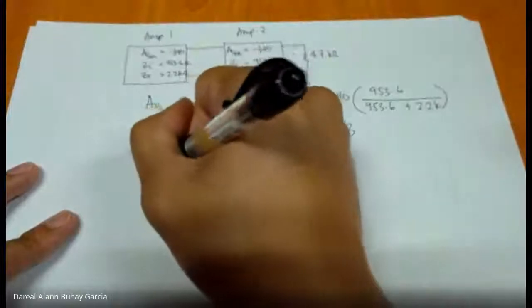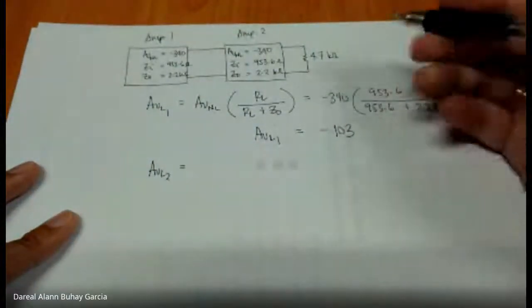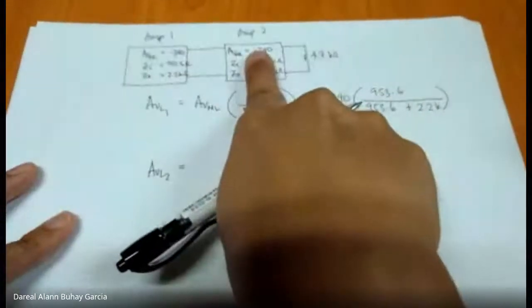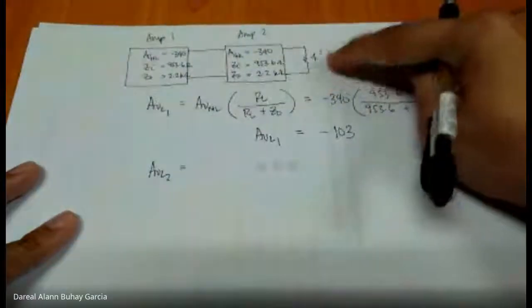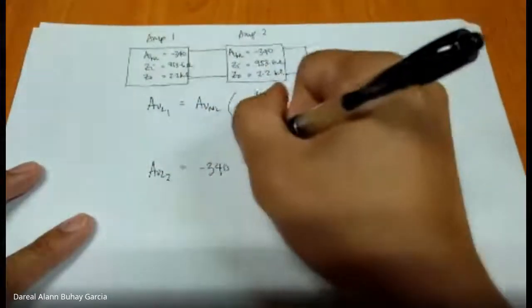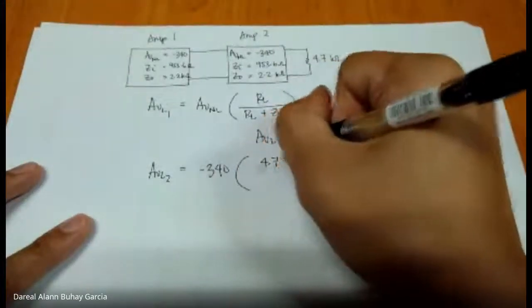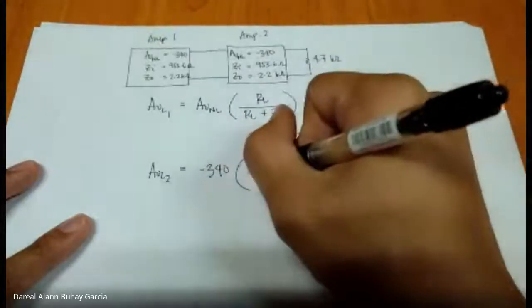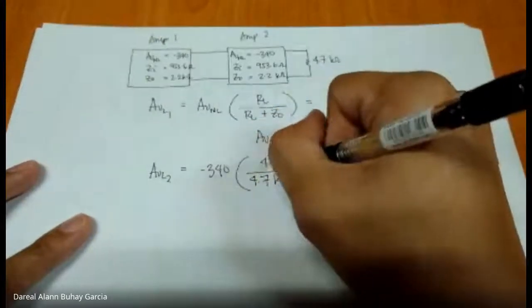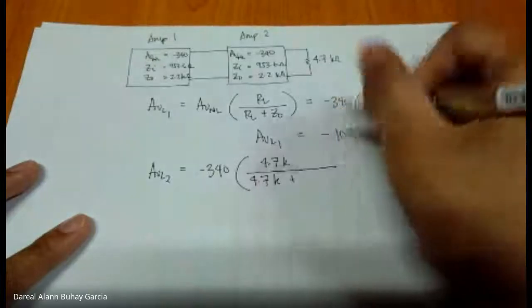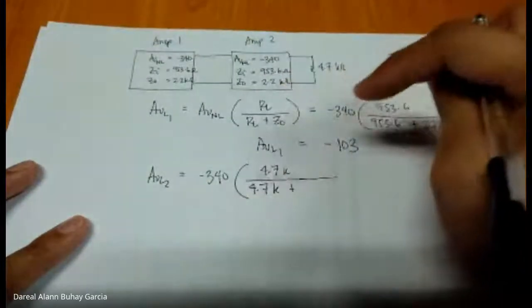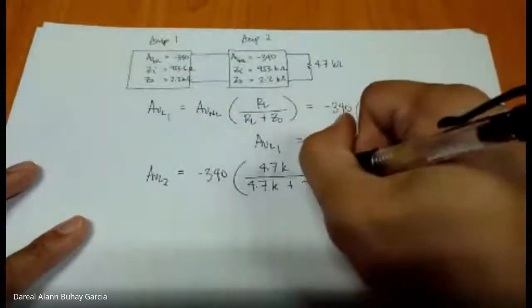So, si AVL2, same formula, but different na si RL. Of course, ang RL ni amplifier 2 is ang actual nga load naman si 4.7K. So, negative 340 times 4.7 over 4.7K, 2.2, ano? Yeah, 2.2K.